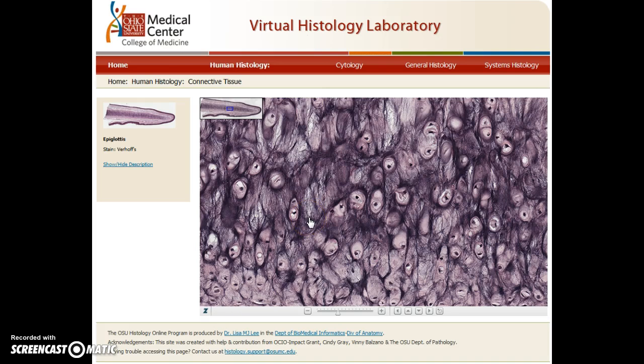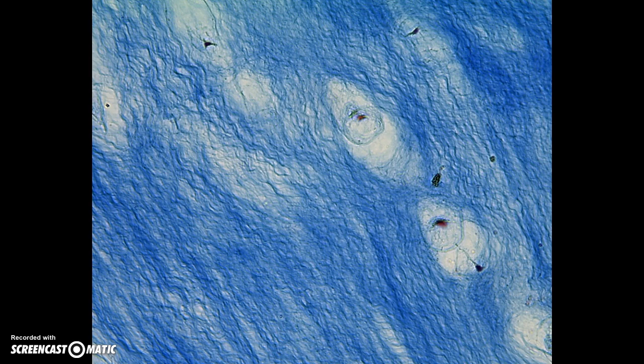For the third type of cartilage, fibrocartilage, I had to go to another website here. And this is a lacuna, and this is a chondrocyte. Same thing here. Here's a lacuna with a chondrocyte. Very few actual living cells, and we see mostly these kind of wavy fibers here.